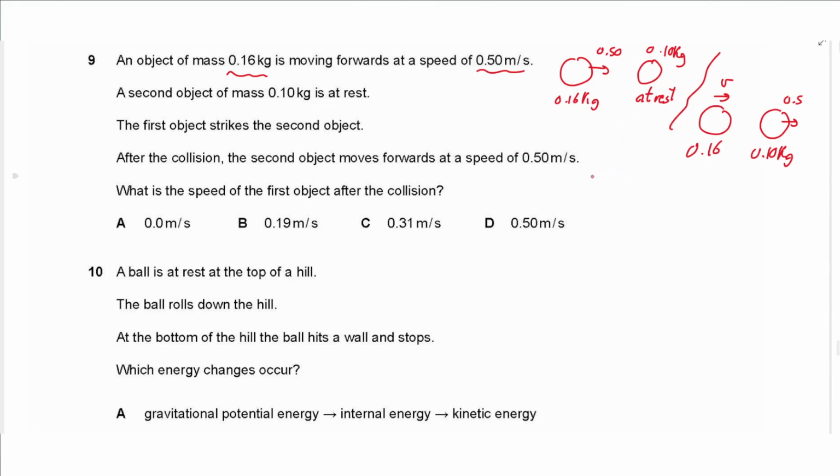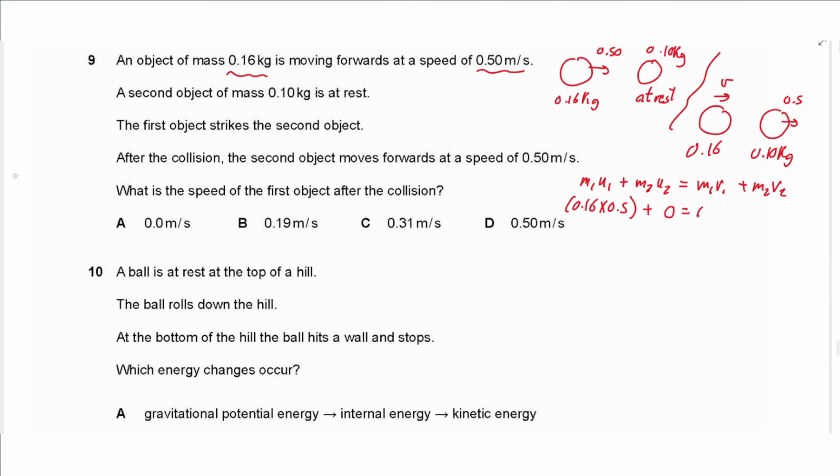Using the equation of conservation of momentum, m1 u1 plus m2 u2 is equal to m1 v1 plus m2 v2. We have the initial momentum of the first object, 0.16 multiplied by 0.50, plus the initial momentum of the object that was at rest, which is 0.